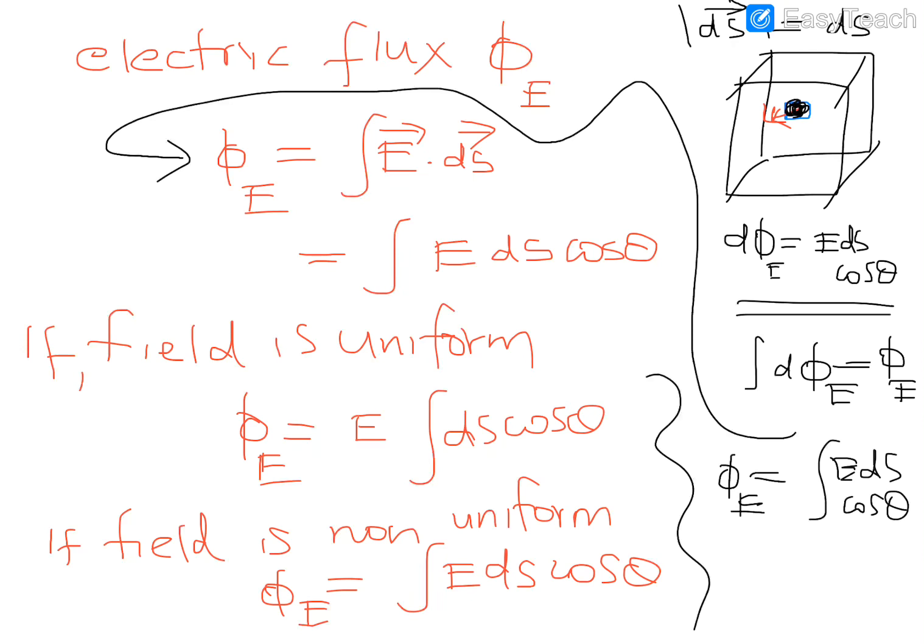That is how you got this equation. E ds cos theta means E dot ds. Then you will get the second step. Like that you will proceed.